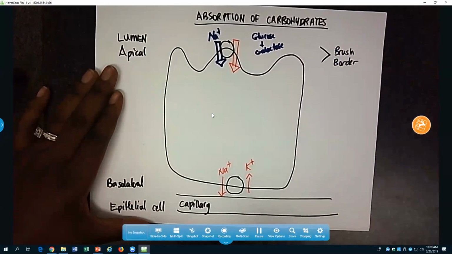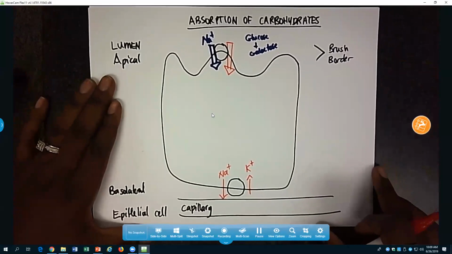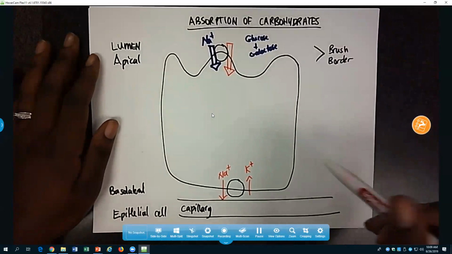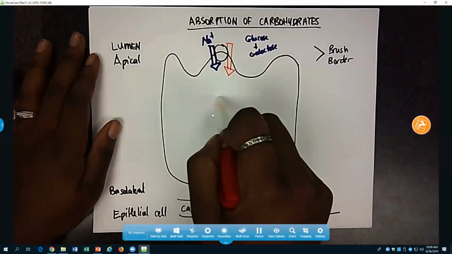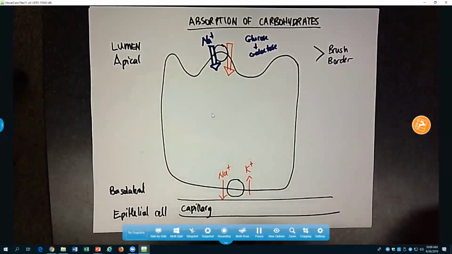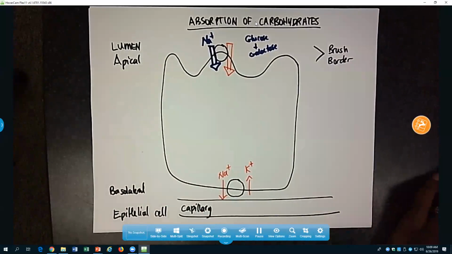All right, does that make sense? We talked about this similar mechanism before when we looked at the proximal convoluted tubule and how glucose was moved across that PCT cell. So the important take-home point here is that glucose moves into the cell by secondary active transport, because of the gradients that are being created.